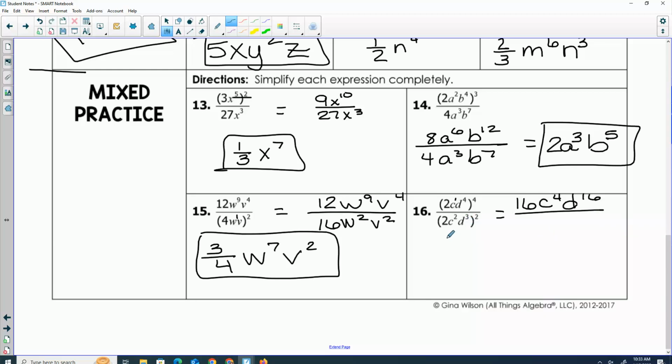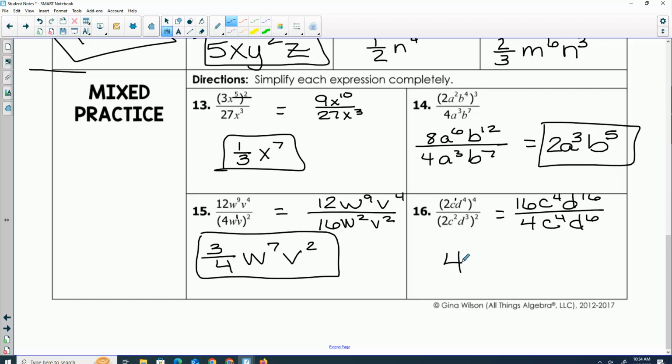On the bottom, 2 squared, so 2 times 2 is 4. C, 2 times 2 is 4. D, 3 times 2 is 6. So when we go through, 16 divided by 4 is 4.